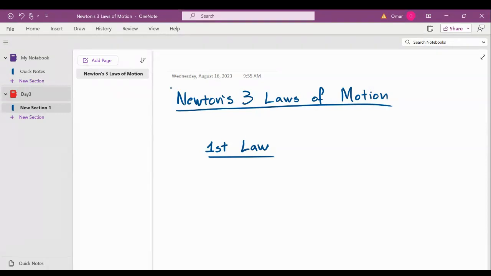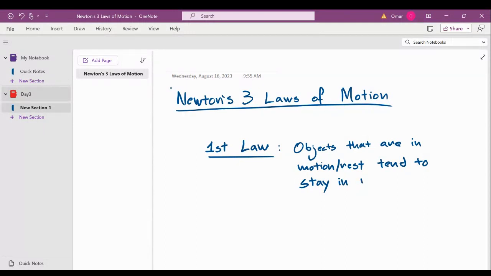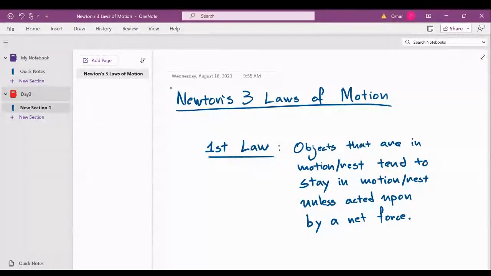It says objects that are in motion or rest tend to stay in motion or rest unless acted upon by a net force.